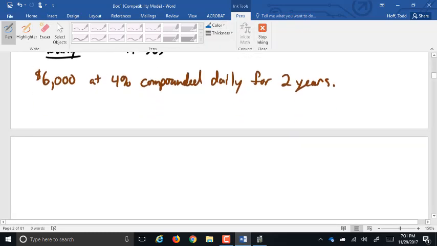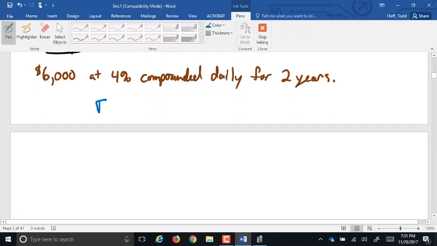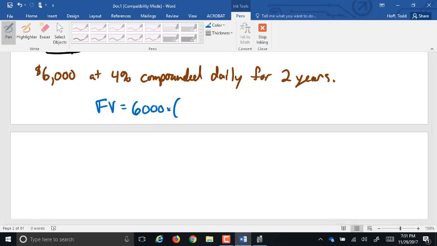The formula will give us a result for this, the future value. How many? It's 365 times 2. Because it's compounded daily, N is 365. Yeah, the 360 doesn't apply. That's only for simple interest.